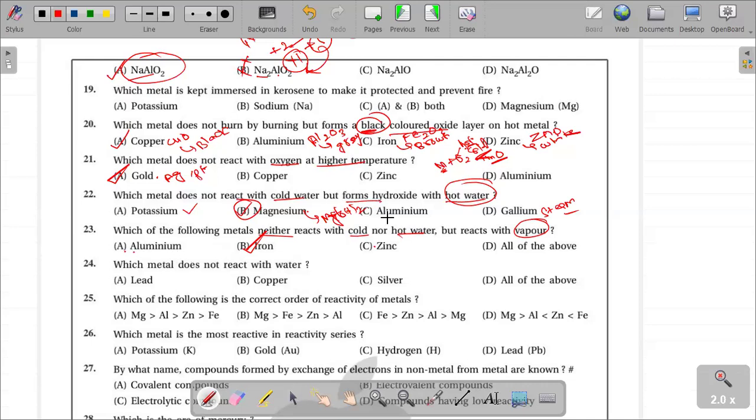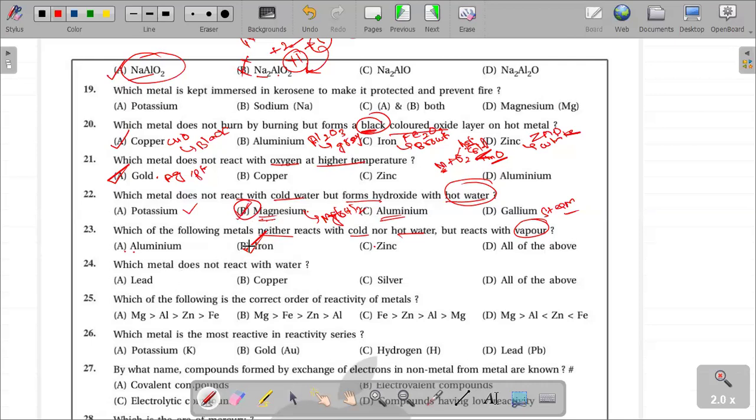Then why are we not selecting aluminum here, between magnesium and aluminum? Most probably magnesium only. So that's why we selected magnesium. In the textbook also they given magnesium, aluminum, and zinc. So magnesium and aluminum will react with hot water as well as steam. But in the first case, magnesium only is the highest contribution. So that's why we are choosing magnesium. Okay.